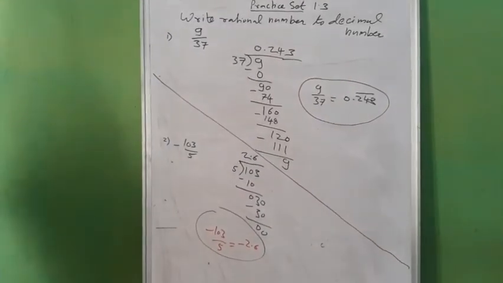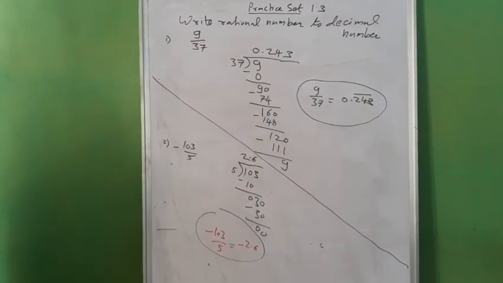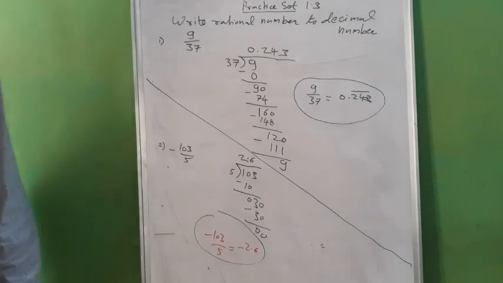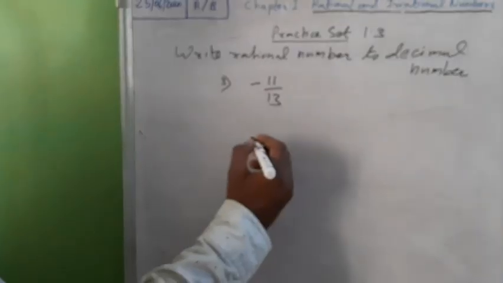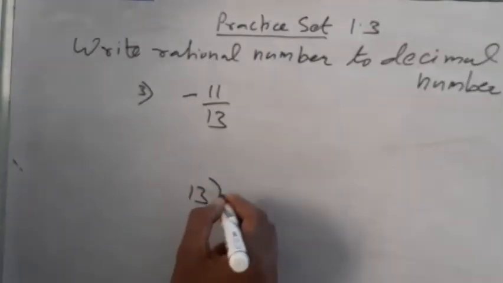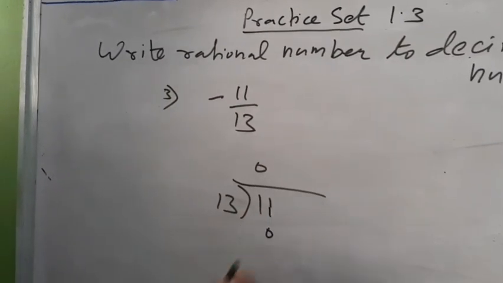For our revision purpose, I want to take one more sum so that you understand better. First, before that, you copy this. See? Zero, because 13 is more than 11.